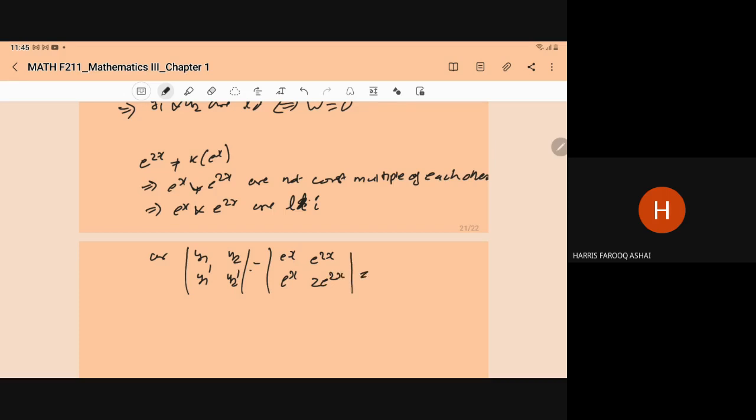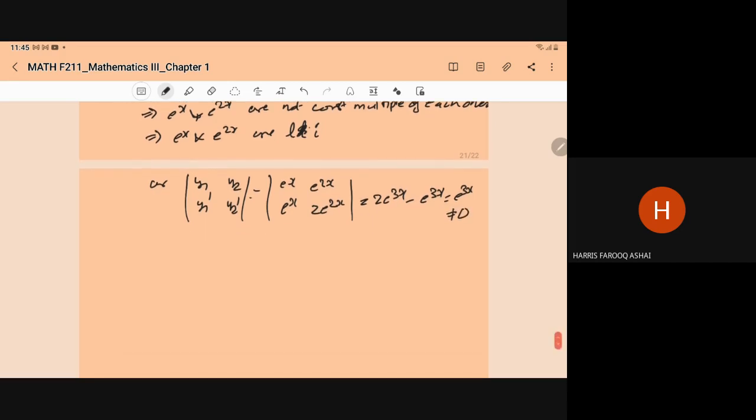So this will give you 2 e to power 3x minus e to power 3x, that is e to power 3x, not equal to 0. If it is not equal to 0, this also implies that y1 and y2 are linearly independent. So by theorem 15, c1 e to power x plus c2 e to power 2x is the general solution, that is the yg.